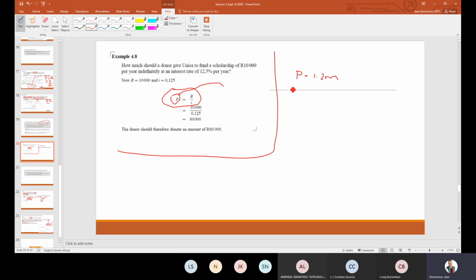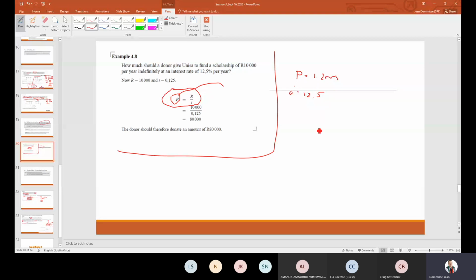And they could have said to you, okay, that 1.2 million with an interest rate of, let's use 12.5%. So that was your interest rate. So what will be your monthly return or your monthly income?